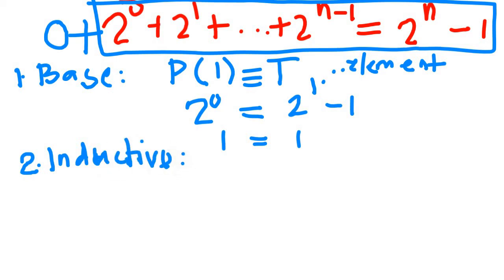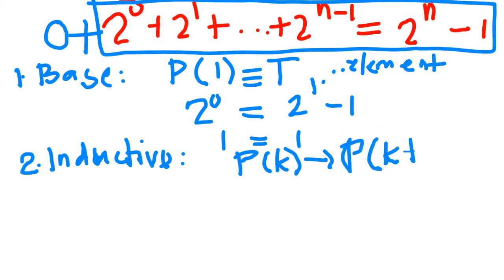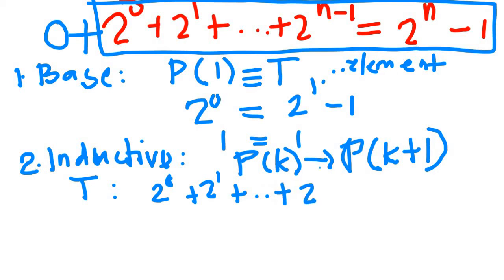Or basically the direct proof that P of k should imply P of k plus 1. So in this case, you have P sub k, so assume this to be true, and that will give us 2 to the 0 plus 2 to the 1, up to 2 to the k minus 1.